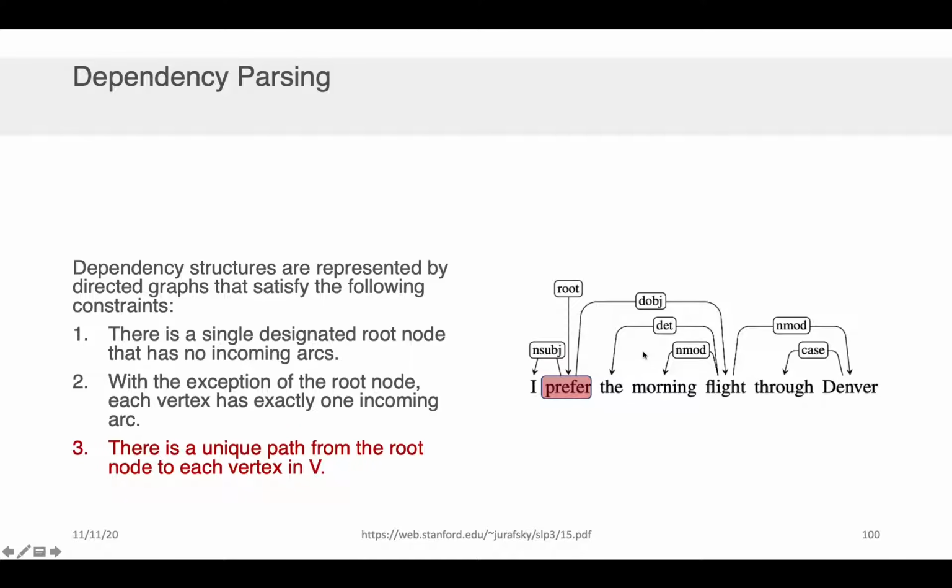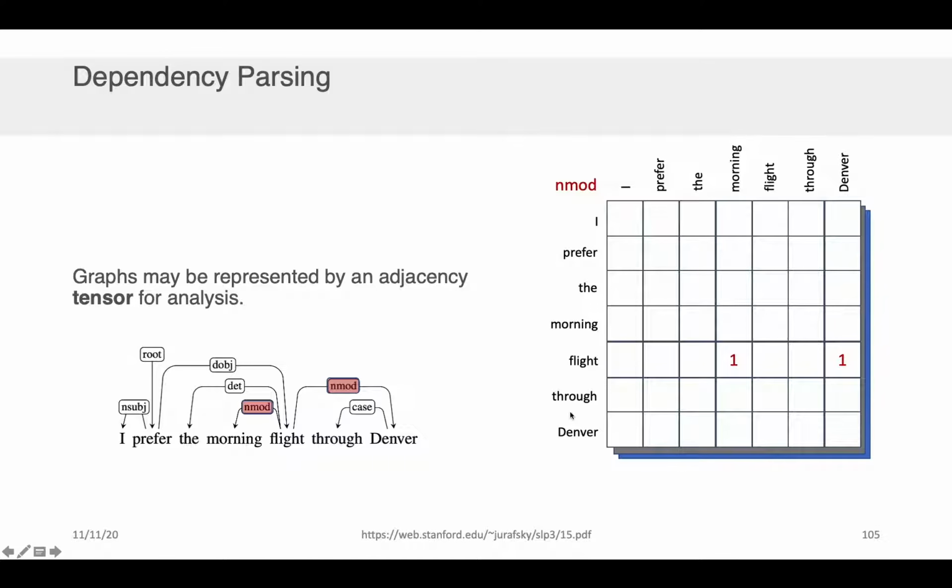Let's say I wanted to move to the word Denver. I would need to hop from prefer to flight, and then from flight to Denver. If I had drawn my dependency structure in a way where it was impossible to navigate from prefer to Denver or any other word in this sentence, then I would have violated one of the requirements of creating a dependency structure.